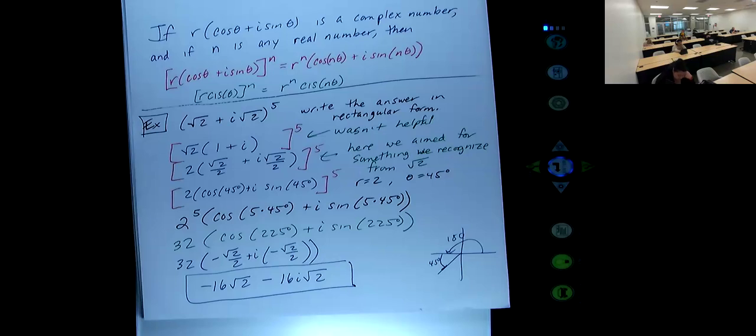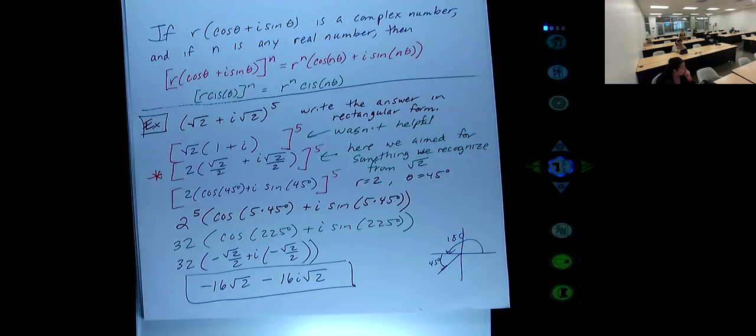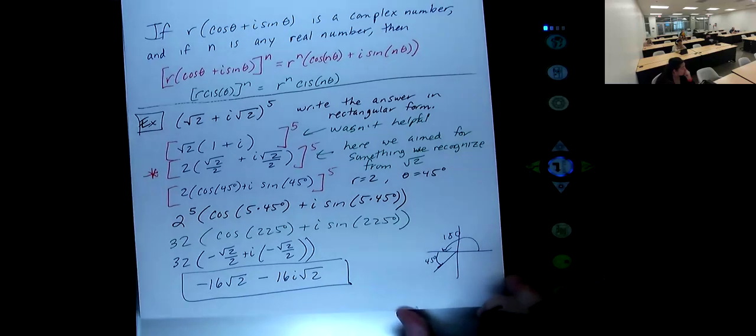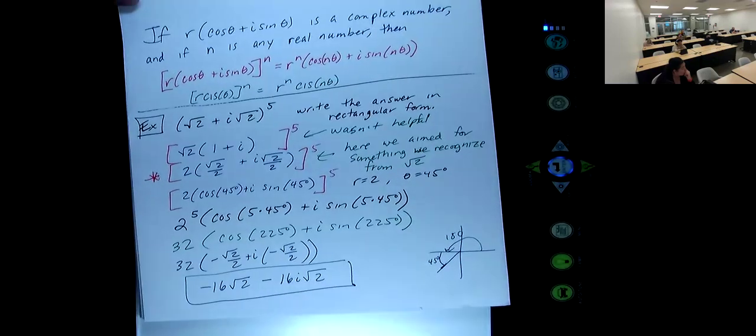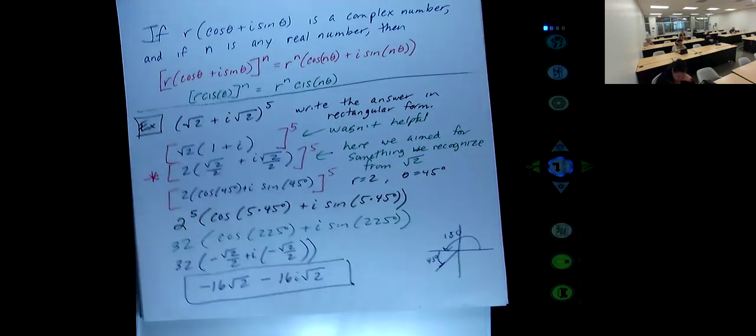What if you didn't recognize right away this step right here? What if you didn't recognize that? Let's tackle this the other way, because this is faster. This gets us into something we recognize, otherwise we gotta use the formulas that connect rectangular to polar or trigonometric.